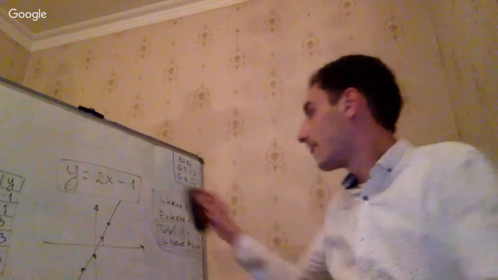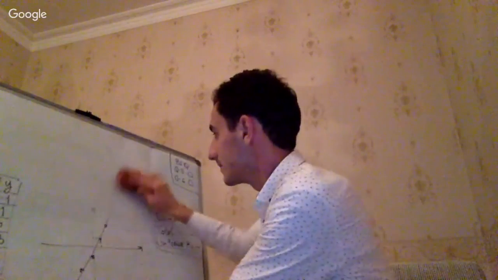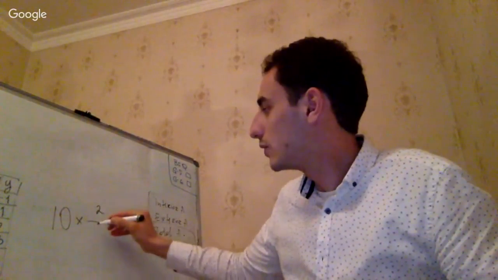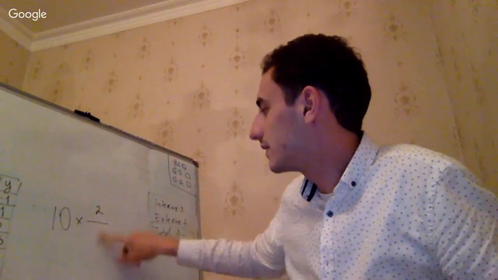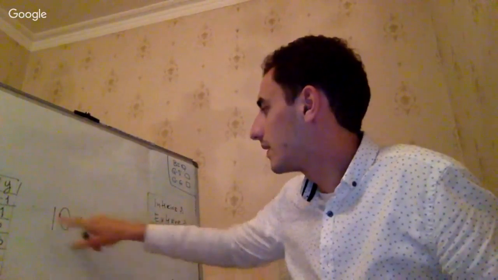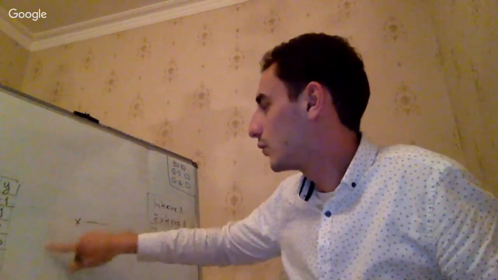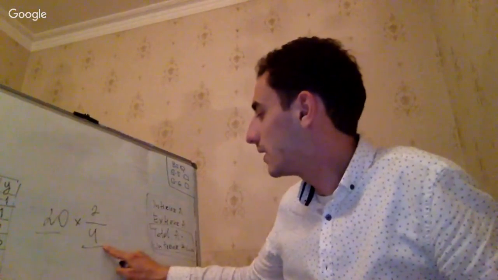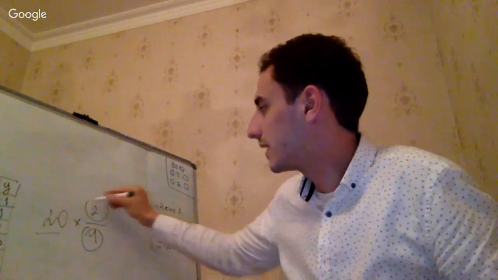Okay, Arif, example. I'm going to multiply, let's say, not 10, 20 by 2 over 4. This is my number, this is my fraction, right? This is my denominator, this is my numerator, right, Arif?